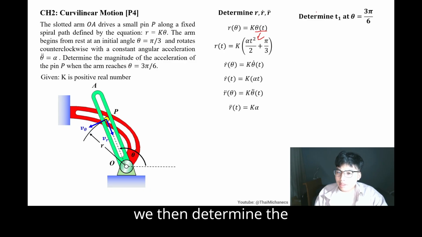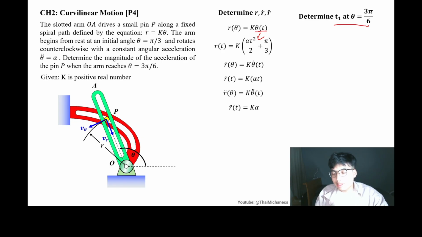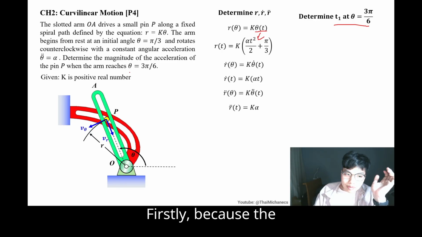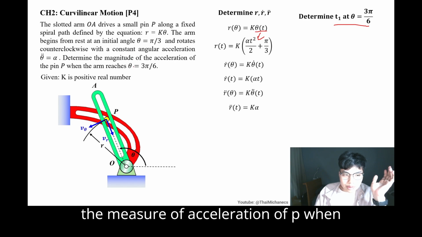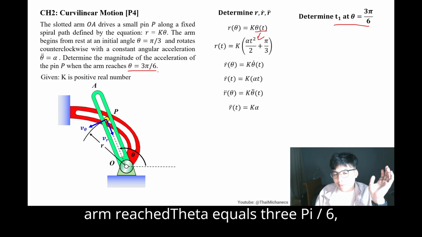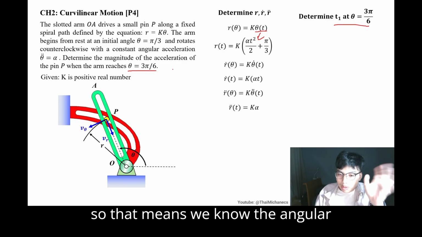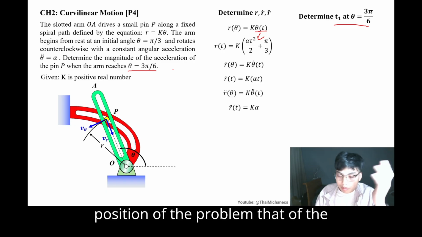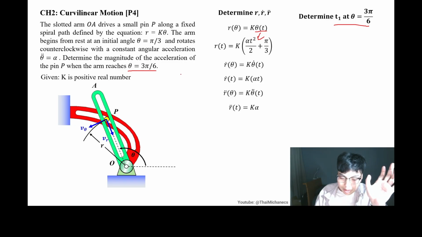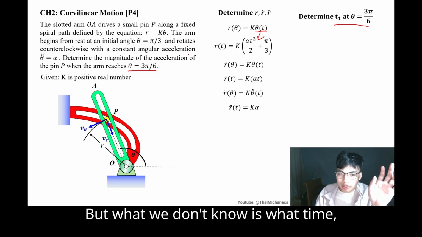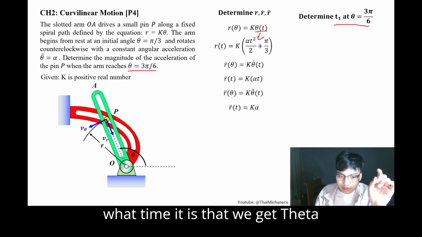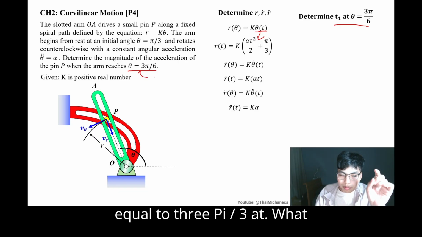Then we determine the t at theta equal to 3 pi over 6. Now, why do we have to do this? Firstly, because the question asks us to determine the magnitude of acceleration of P when theta reaches 3 pi over 6. That means we know the angular position the problem wants us to find, but what we don't know is at what time we get theta equal to 3 pi over 3.